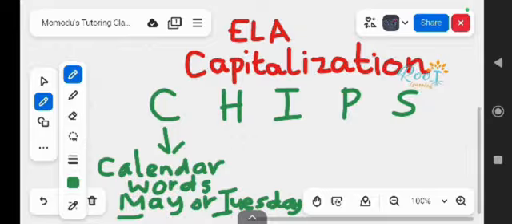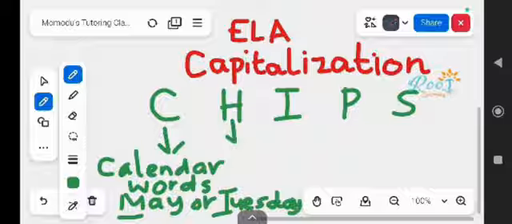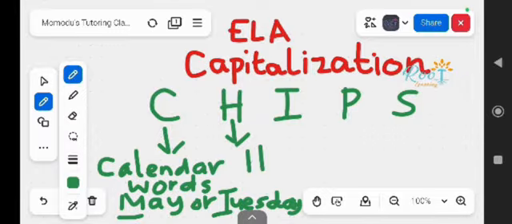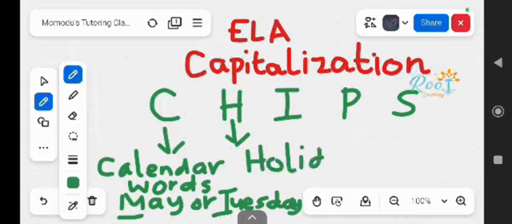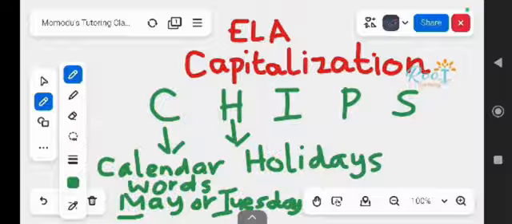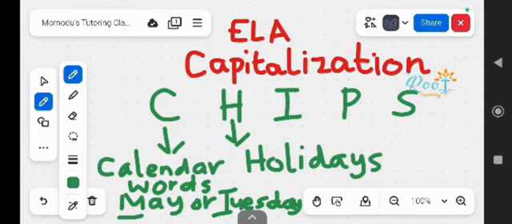The next is holidays. H, holidays. So we have special holidays like Christmas.